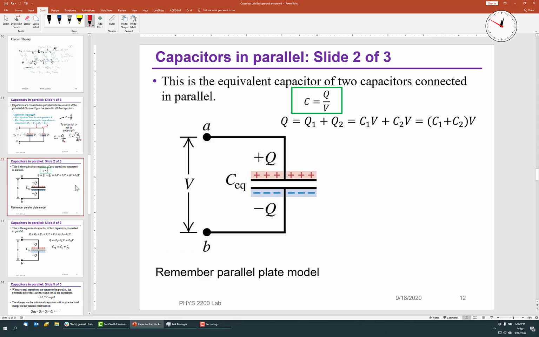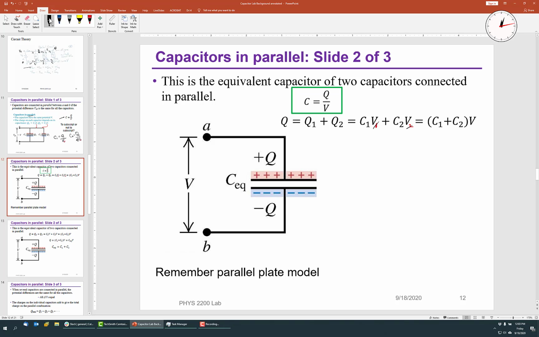And even at that point, big whoop, because we could have been stuck with C1 V1 and C2 V2, but because of the parallel combination, we don't have to do that. So we can pull out the common term.